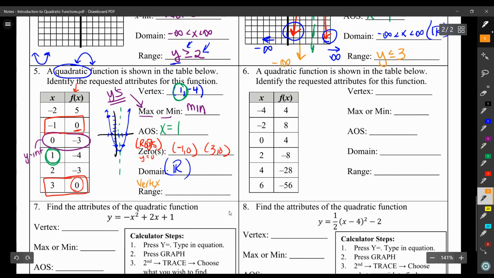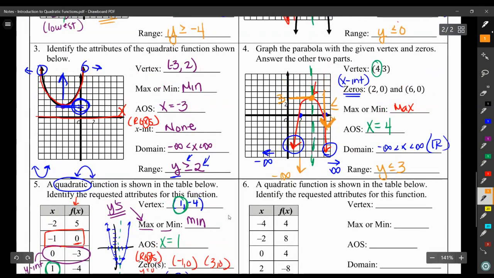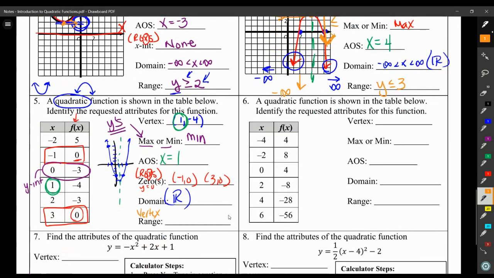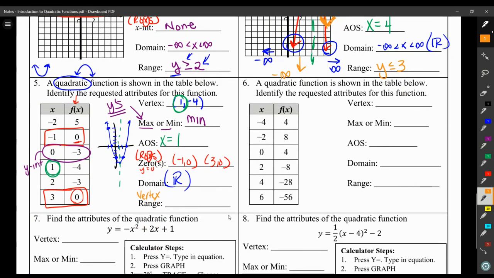As we have seen in these previous examples, we find the vertex, that's either our highest or lowest coordinate, and then we decide if it's greater or less than that number. So when we have a table, we already found the vertex. We found that this negative 4 was the lowest point on the graph. So all of your y values had to be above negative 4. All of your y's have to be greater than or equal to negative 4.